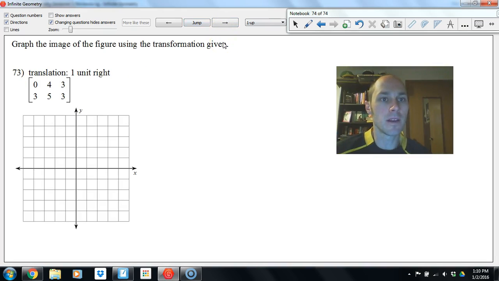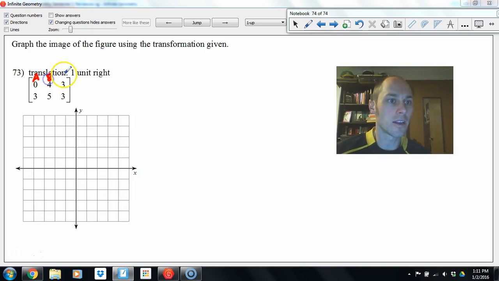Now finally we finish up showing how we can use matrices to do our transformations. Let's just say that we have our translation is right 1 unit. Remember, these are the xy's of our, let's call this triangle ABC. These are the x's on top, the y's on the bottom. So if I'm translating 1 unit right, I'm just going to add 1 to all my x values.